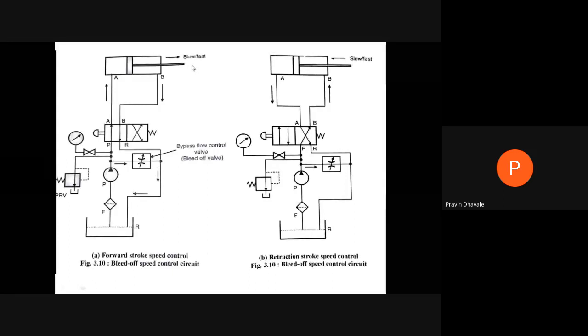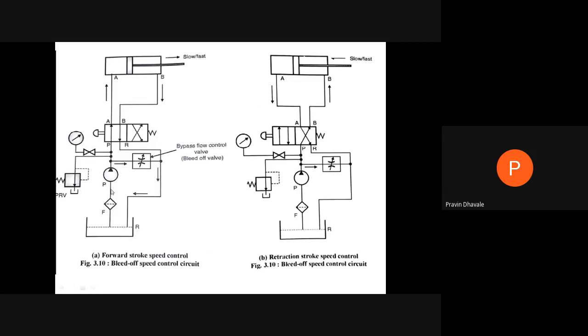In order to obtain 5 meter per second, what do we have to do? We have to bypass some amount of fluid coming from the pump. Instead of 100 liter per minute, we allow 50 liter per minute to the left hand side of the piston. The surplus 50 liter per minute passes through this bypass control valve to the drain.